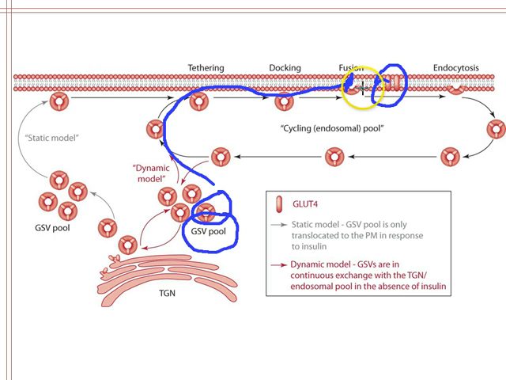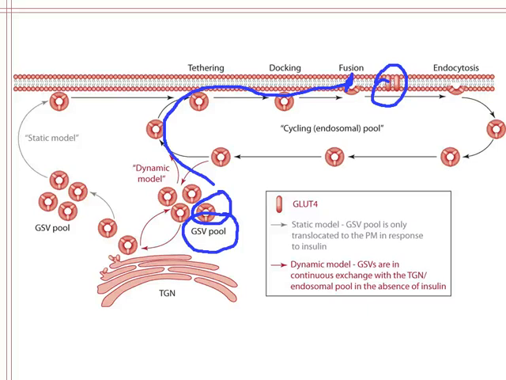And we just looked at the larger image of how those GLUT transport proteins span the cell membrane. So this is a simplistic look, but it does go across the cell membrane. It fuses, which then allows that glucose to come through that glucose transporter and get into the cell.